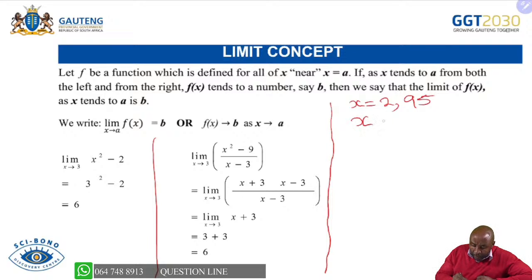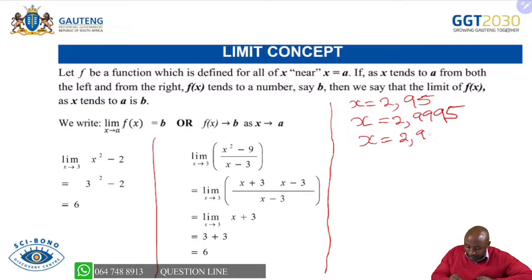And then you make x closer to 3, you substitute, for example, 2,995. You compute this on your calculator. X equals 2,99995. You will see that the answer that you get there is closer to 6, but it's below 6.